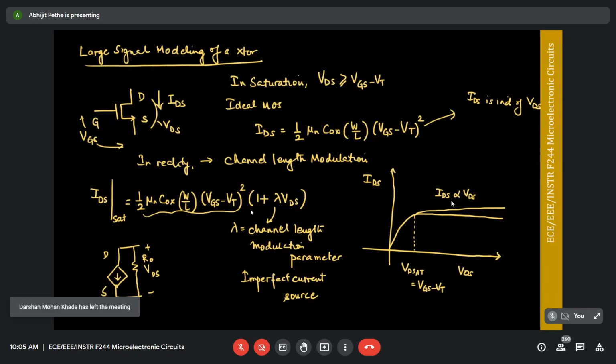So let's do one quick question to highlight this point. Assume in saturation IDS is 1 milliamp at VDS equal to 0.5 volts.